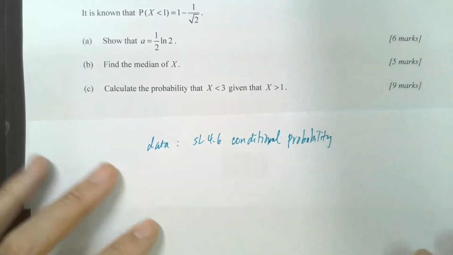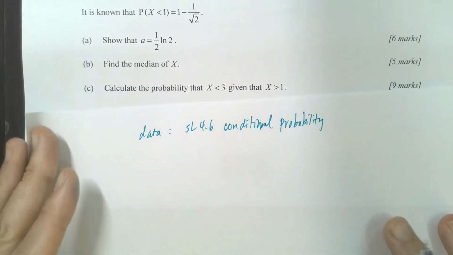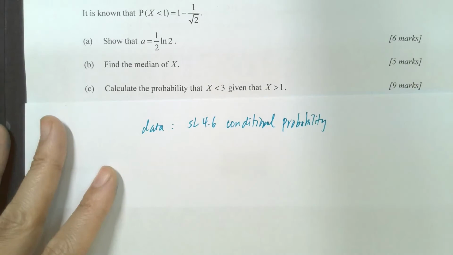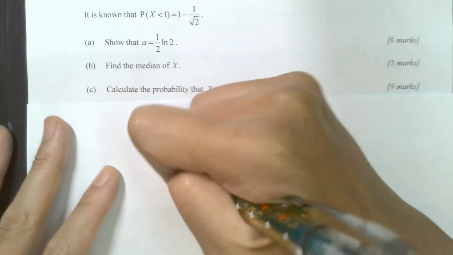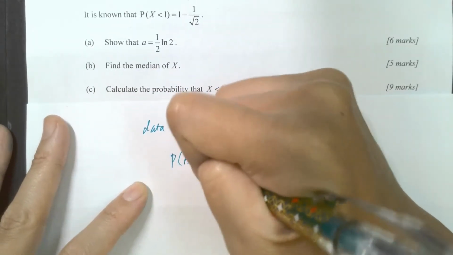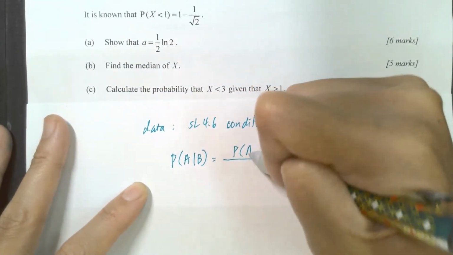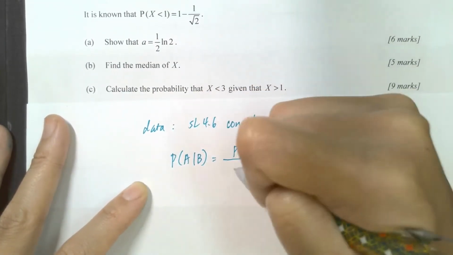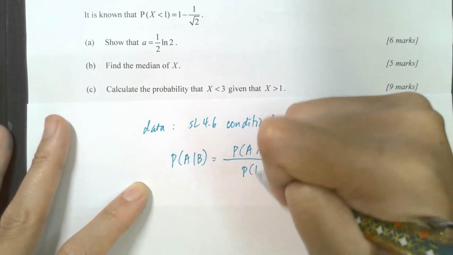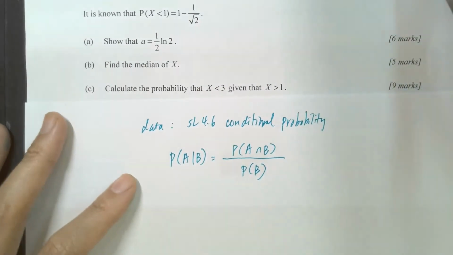Okay, and then recall that the formula for doing conditional probability is this. The probability of A given that B has occurred is the probability of A and B divided by the probability of B, right? Let's review this a little bit.